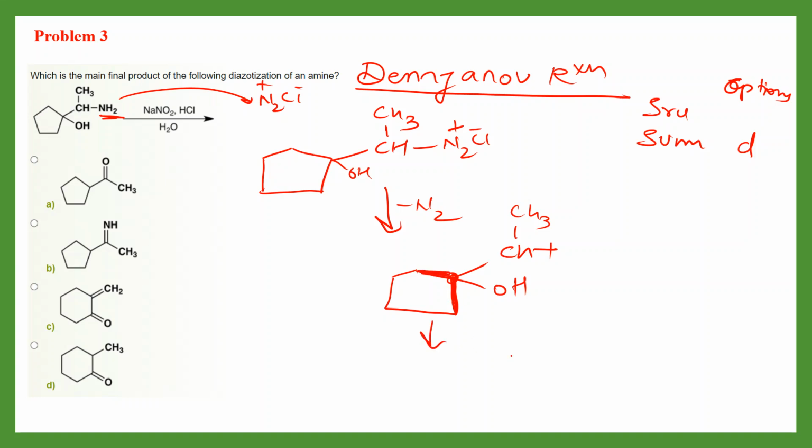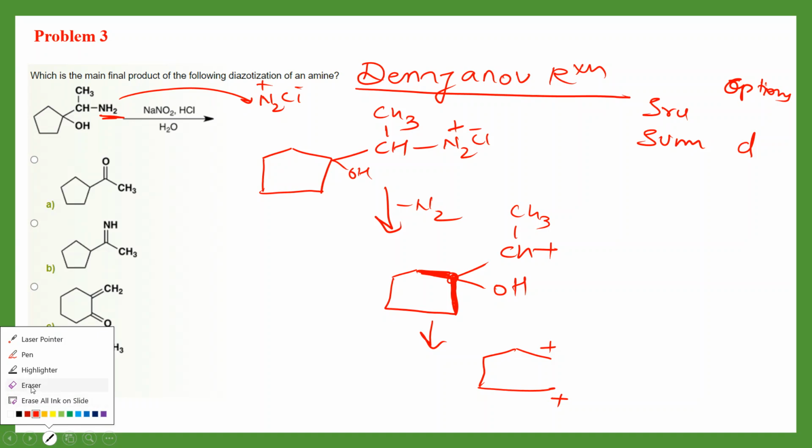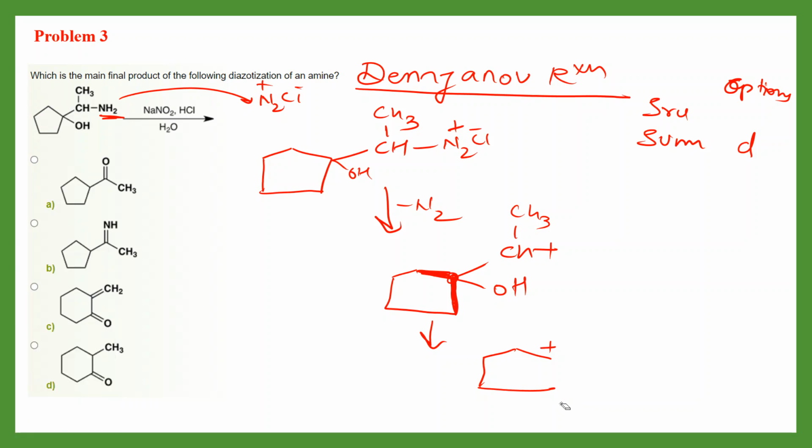If we break this bond, keep the carbon as it is and give it a negative charge. Here OH was there and CH3 positive, correct? Just join these charges and give numbers for simplification: 1, 2, 3, 4, 5, 6.